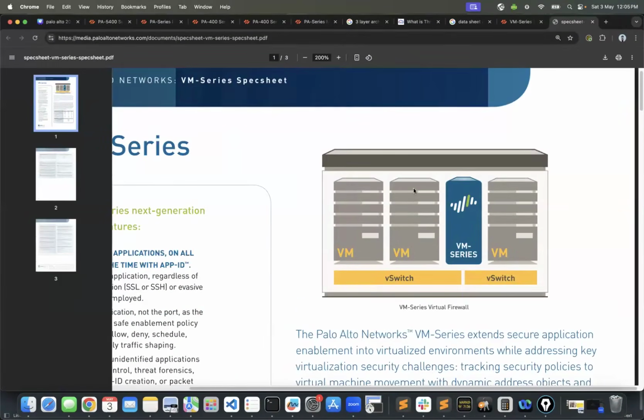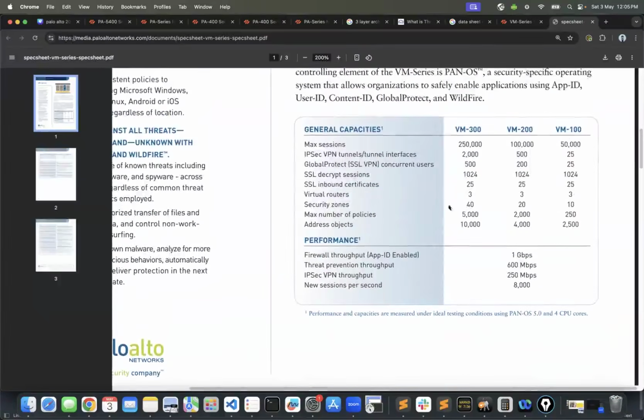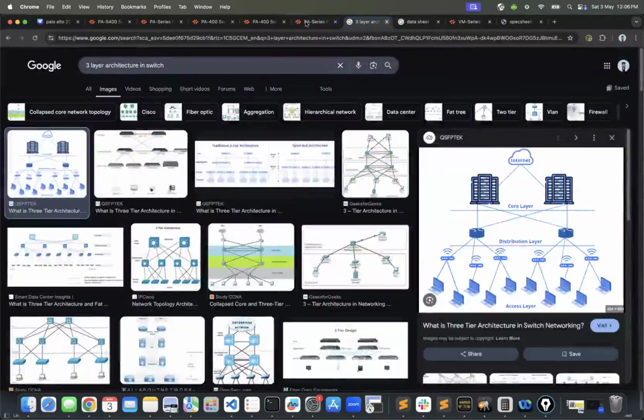There are different VMs, virtual machines, and in one of the virtual machines they have just used VM series, PAN-OS. That's it, nothing else. There is a virtual switch as well. While talking about sessions, you can compare the maximum sessions for different VM series models. In VM, lower models like 300, 200, 100 are also available. So that is the maximum sessions, and you have a data sheet for this too.